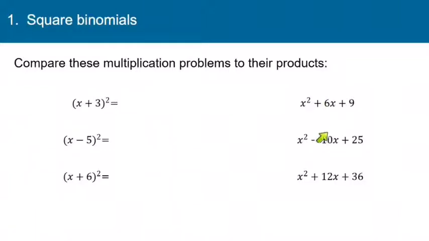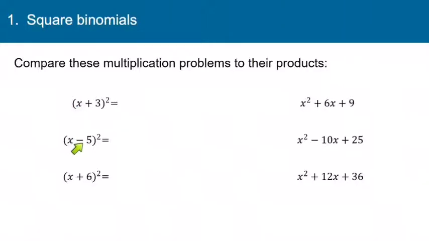But the only thing that might not be obvious at first is where did the middle term come from? Well, notice that you can produce this middle term each time if you take the first term times the last term, multiply them together, and then multiply that by 2. So in this case, 3 times x would be 3x, and 3x times 2 would be 6x.